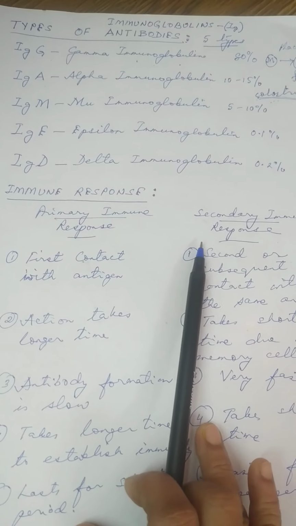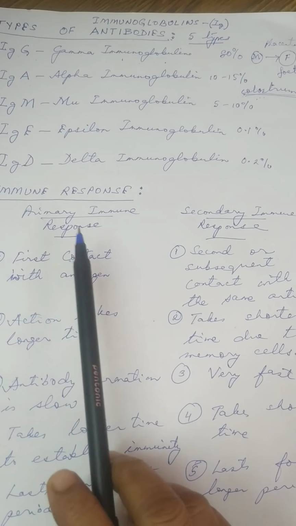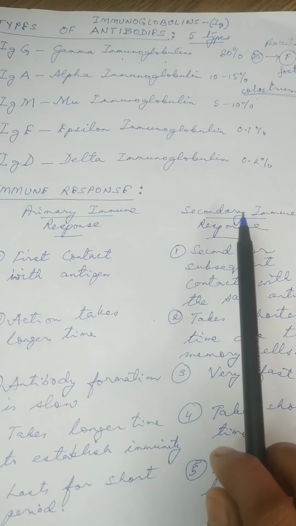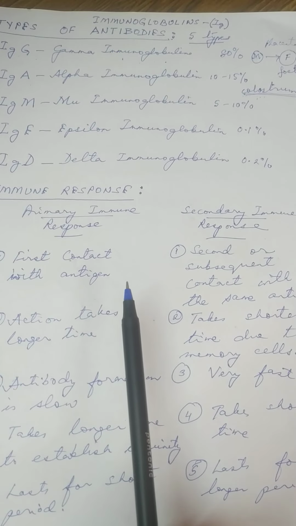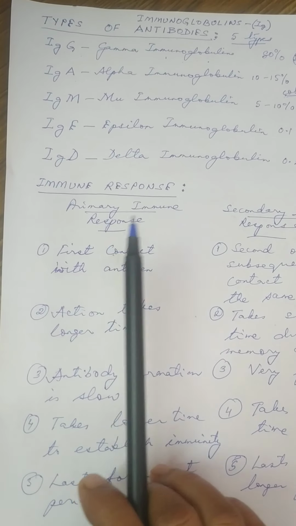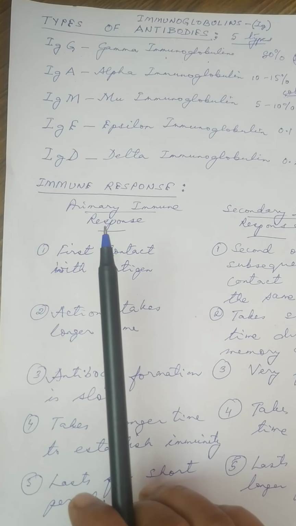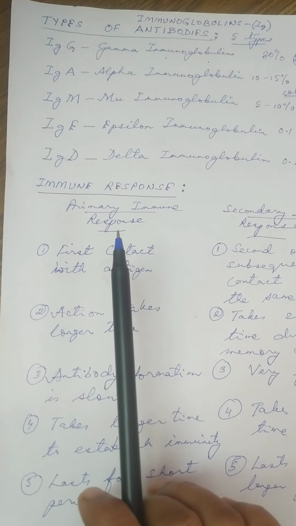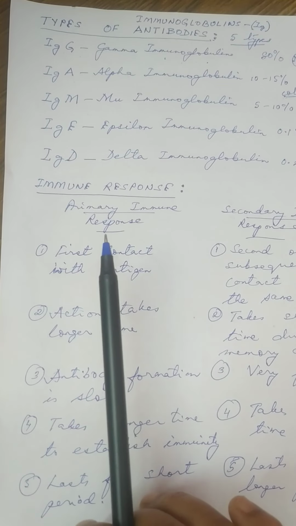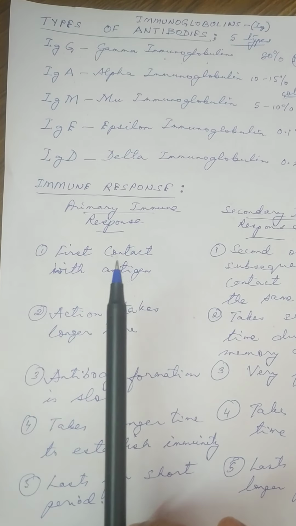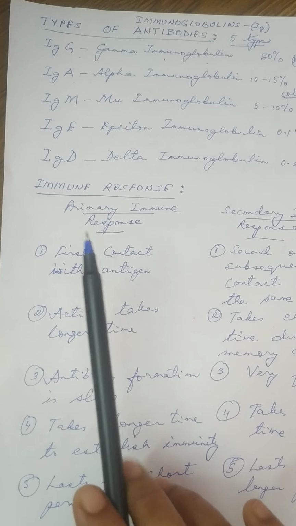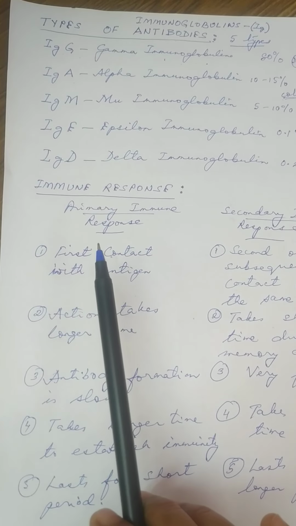Now immune response is of two different types. The first one is primary immune response and the second one is secondary immune response. What do you mean by primary immune response? When for the first time your body comes in contact with the germ, the reaction that takes place in your body is the primary immune response.